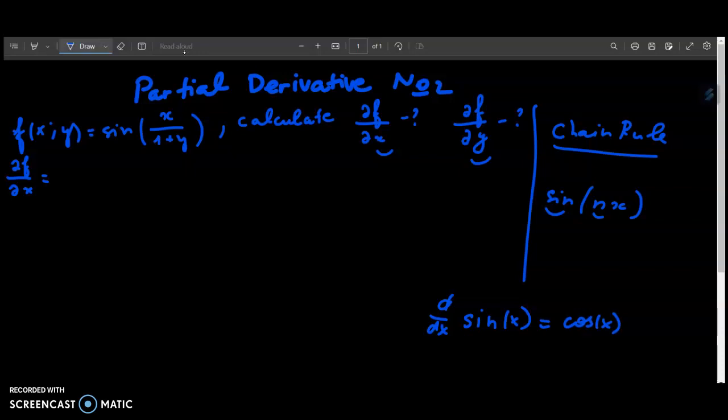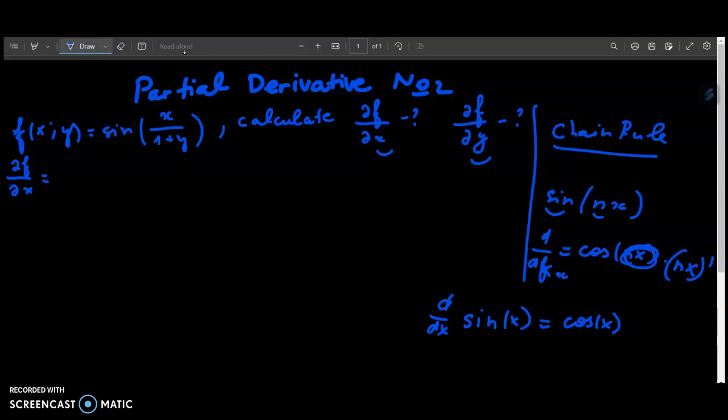The derivative d over dx of sine of nx is always equal to the cosine of nx, multiplied by the derivative of the inside of the bracket. It means we should multiply by the derivative of nx.